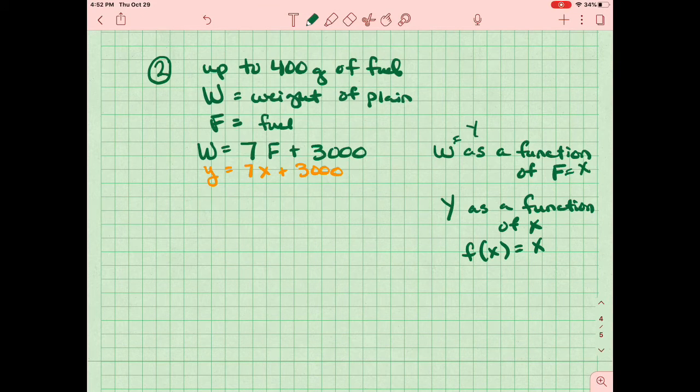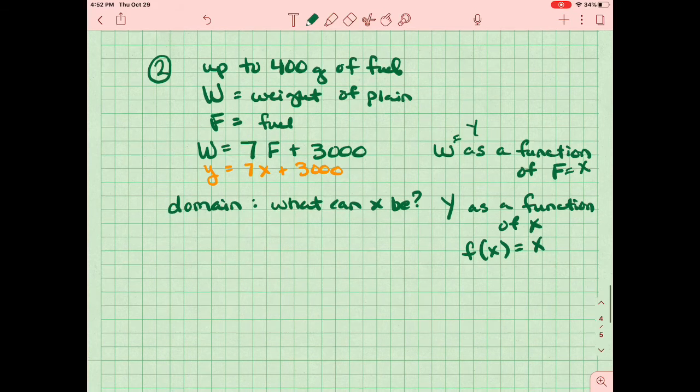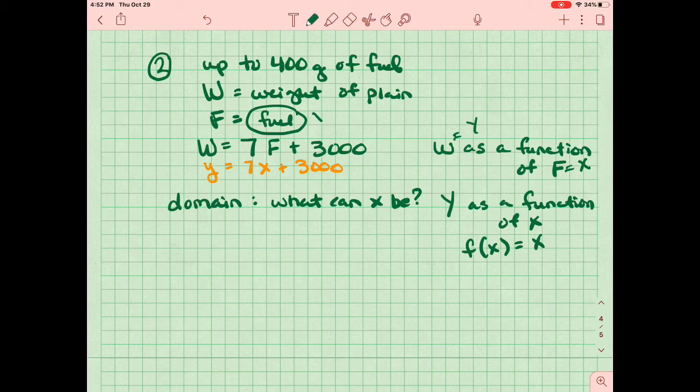Okay, so the first thing we want to talk about is domain, which we didn't talk about in the lesson, but we can talk about it right now. Domain is what can X be? What numbers can X be? So we have to think about the situation just a little bit. X is talking about, remember, fuel. So X is the fuel, and we're actually talking about what can F be here.